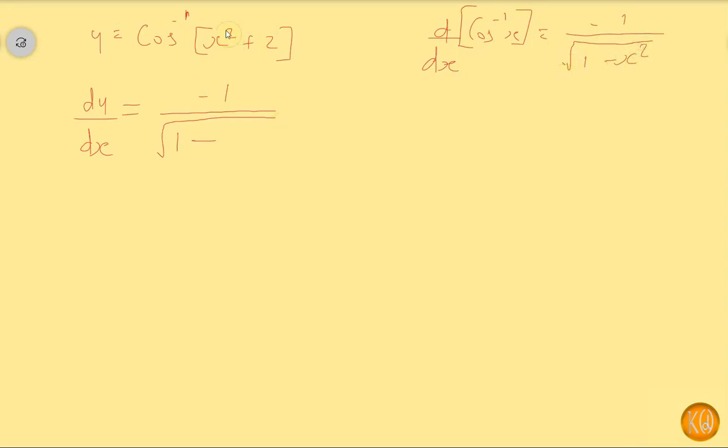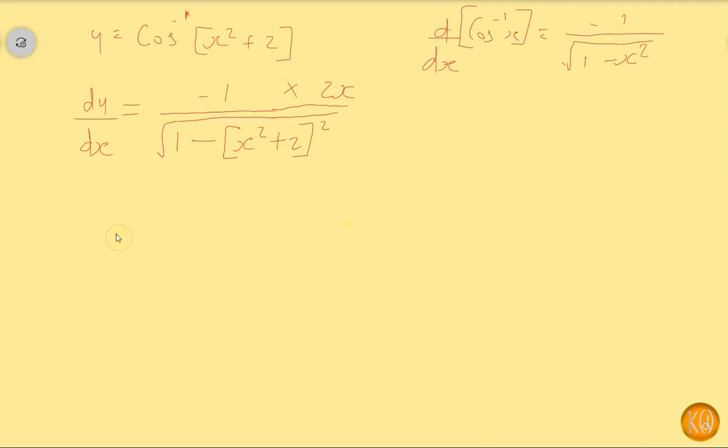Now in this problem, our x would be x squared plus 2. Therefore, what comes here is x squared plus 2. Alright, and of course we'll have to multiply by the derivative of what's in the bracket here, and the derivative of what's in the bracket is just 2x, so we can multiply by the 2x.